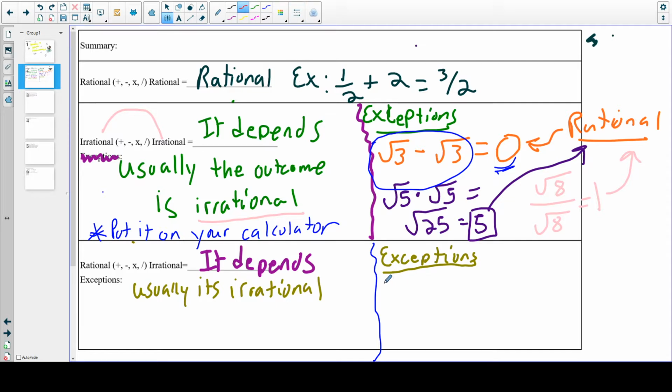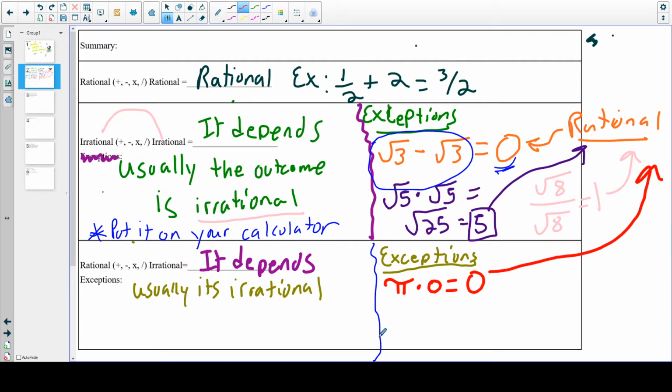What if I said pi, which we know is an irrational number, it's 3.14159, and so on and so forth, times 0? Well, this is an irrational number, 0 is rational, but we know 0 times anything is 0. So this number is also rational.